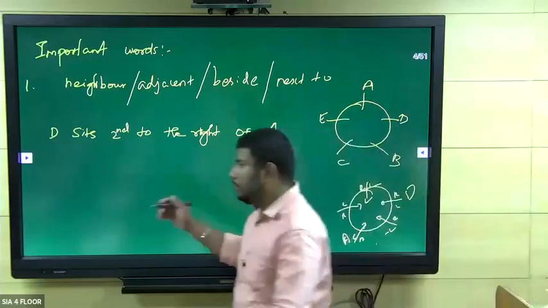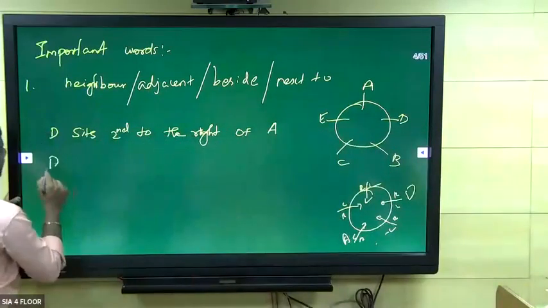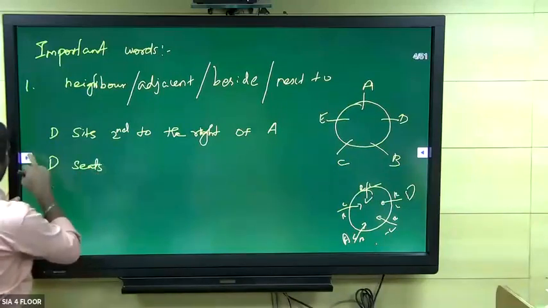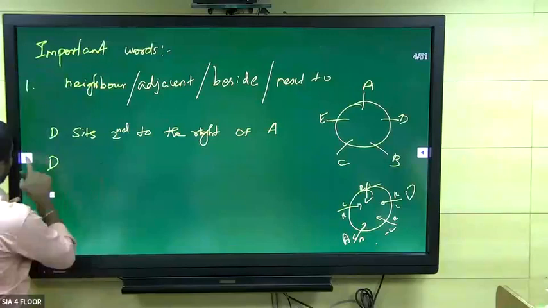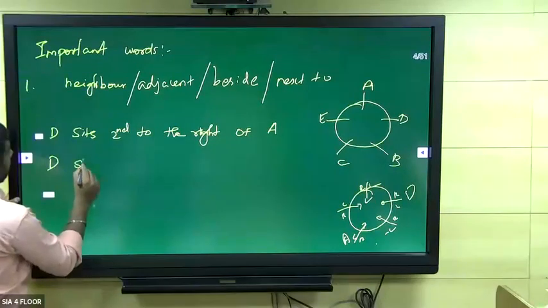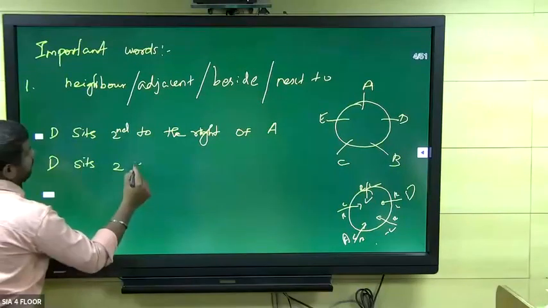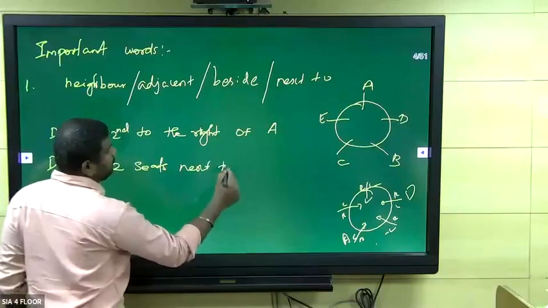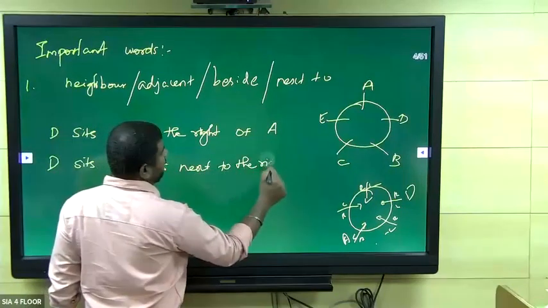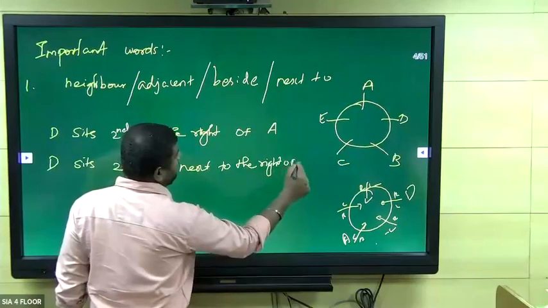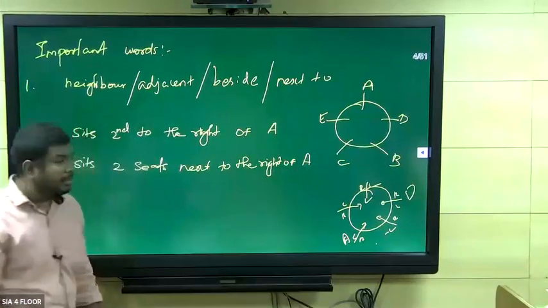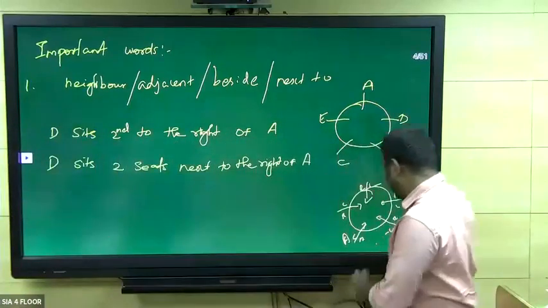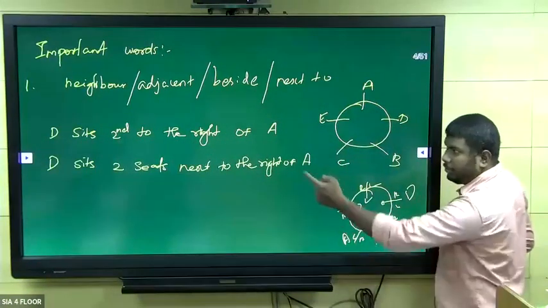Yes. Now tell me, D sits two seats next to the right of A. Clear? A is again here.